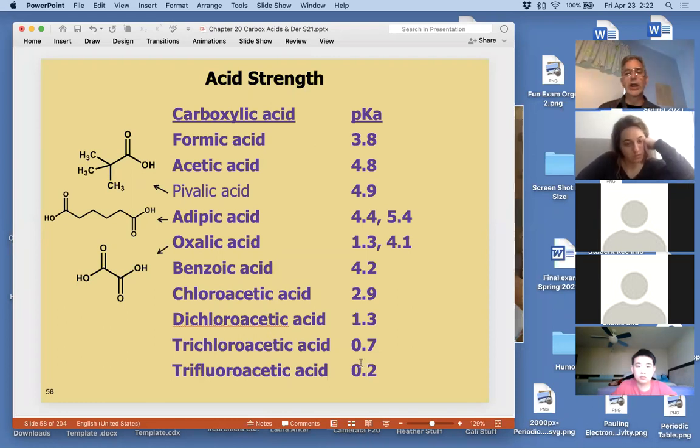Okay, so it's a range here. Each chlorine just keeps on making it more acidic because of the inductive effect of the electronegative chlorines that are nearby. Okay, and fluorine isn't that big a difference from chlorine, but 0.5 is a real difference.